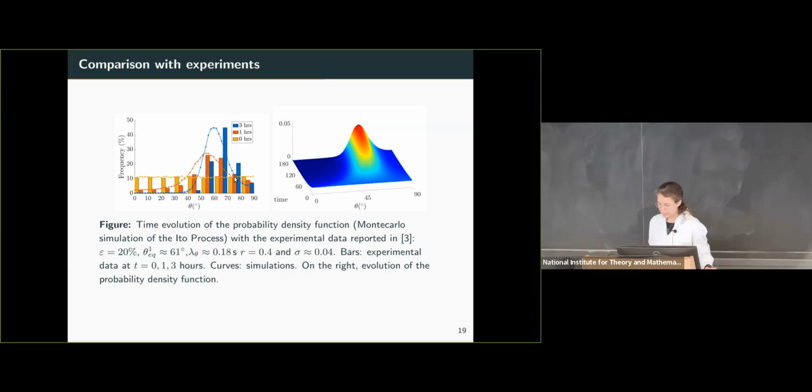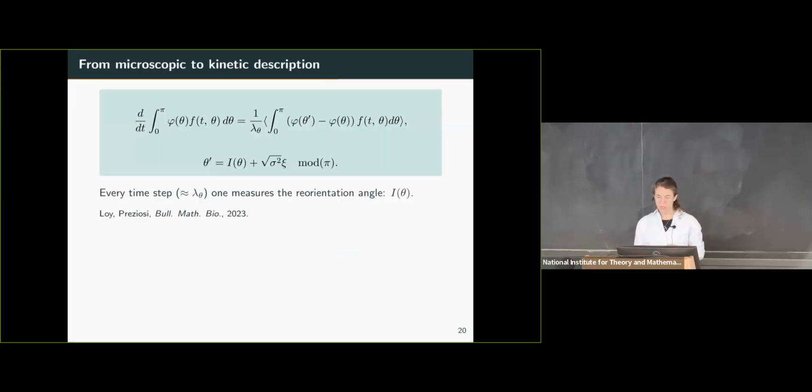But still, we were not happy enough because we wanted to include something which was more closely related to a microscopic process. Because what happens is that the mechanical energy may be quite accurate, but the cell doesn't know the mechanical elastic energy. So what we wanted to do was to start from an actual microscopic interaction rule.